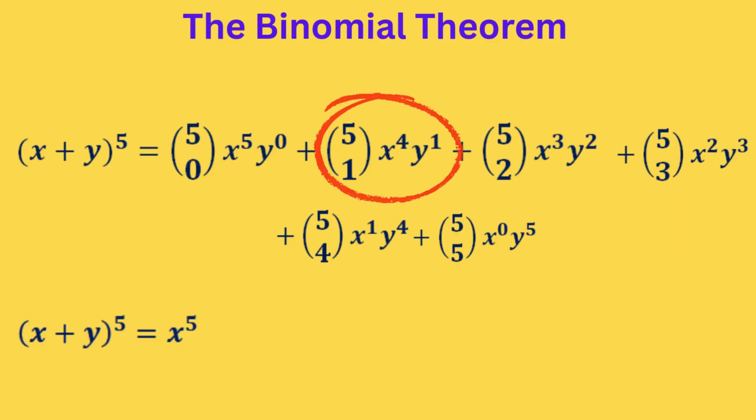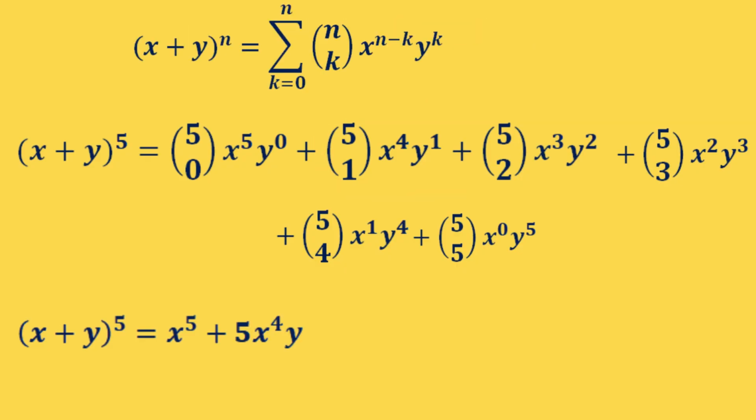In the second term, the value of 5 choose 1 is 5, and y to the power of 1 is the same y. So the second term is 5x to the fourth power times y. In the third term, the value of 5 choose 2 is 10, so the third term is 10x to the third power times y squared.